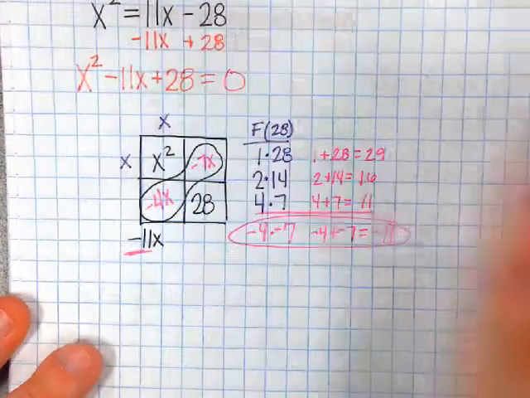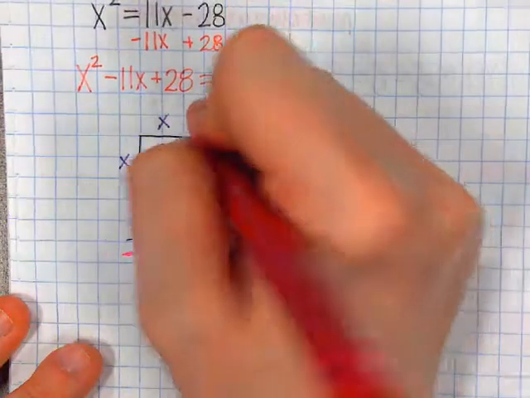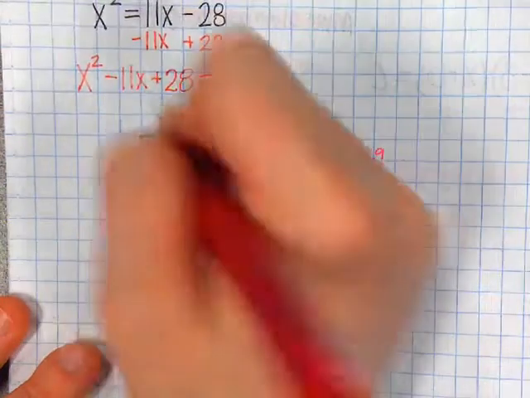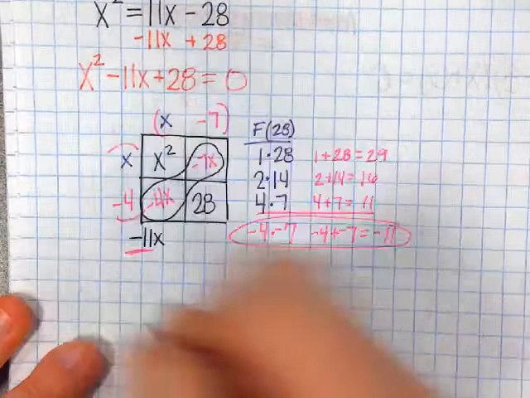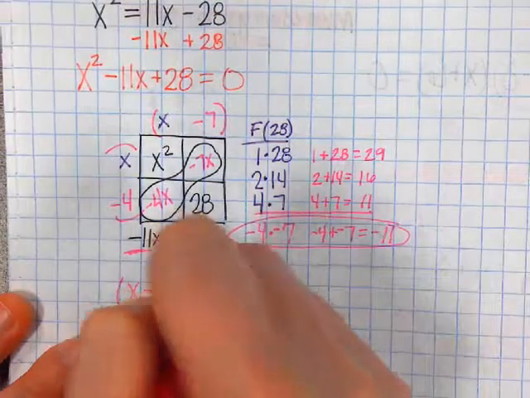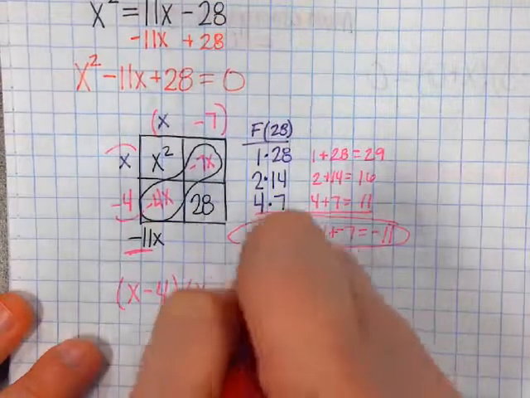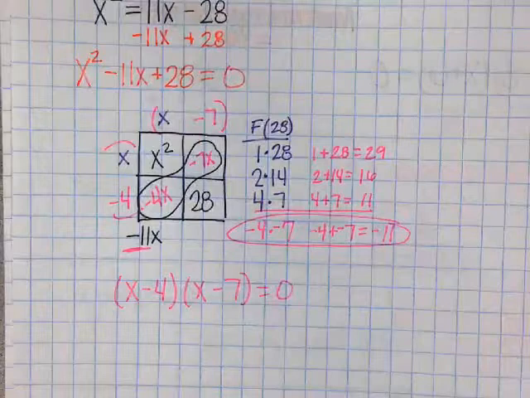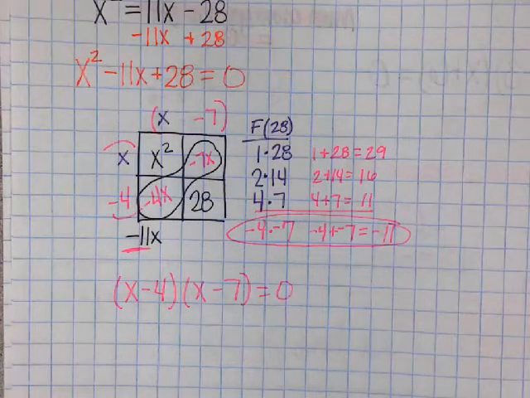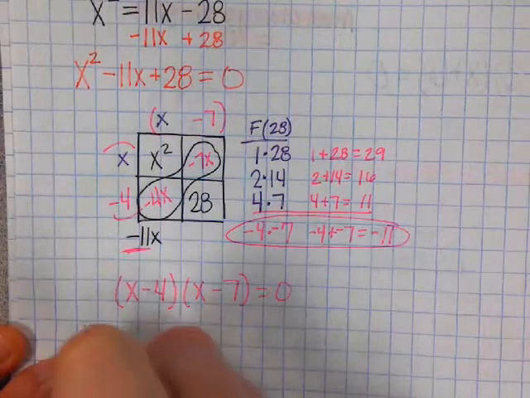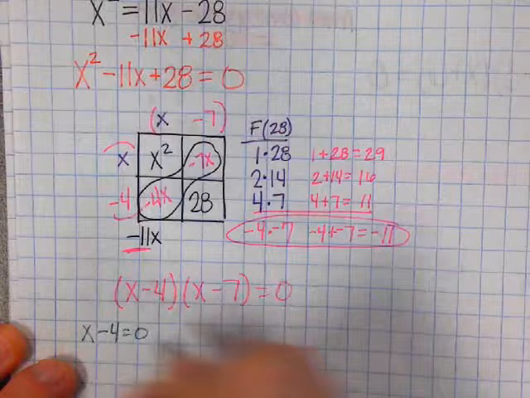So that's what I want. So it'd be -4x and -7x. So x minus 4, x minus 7 equals 0.